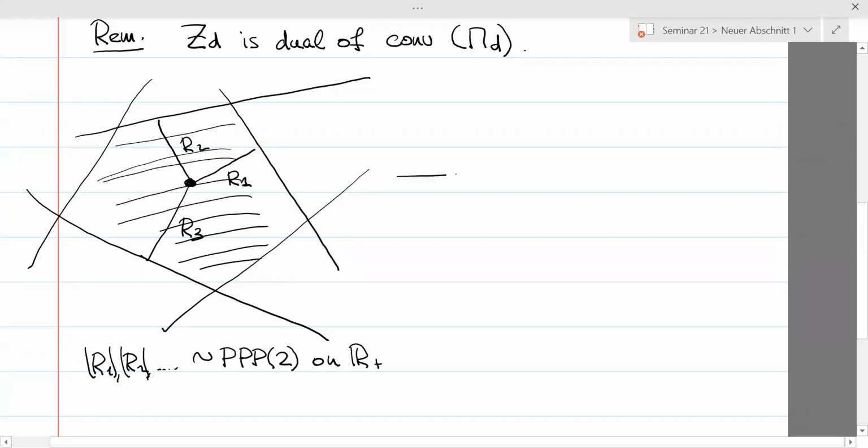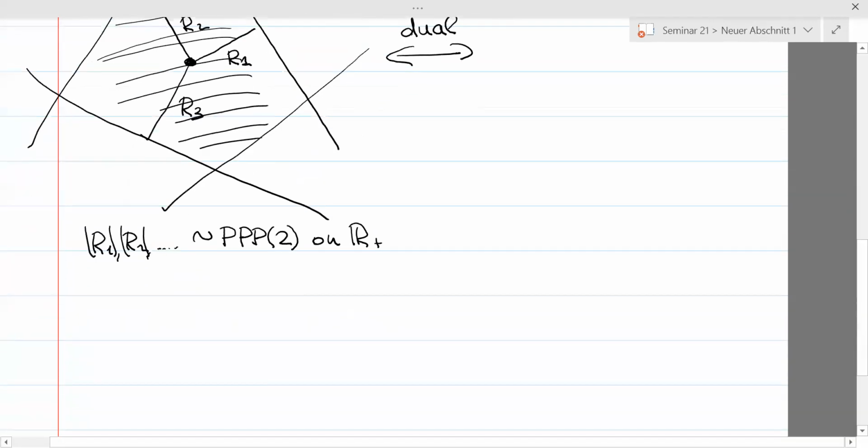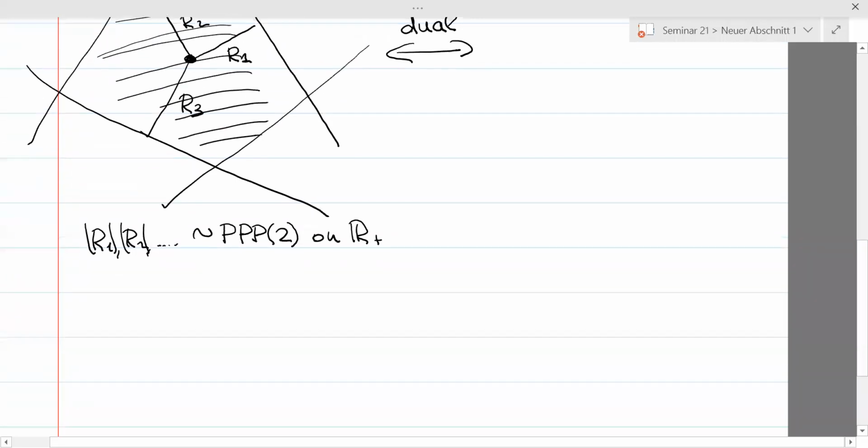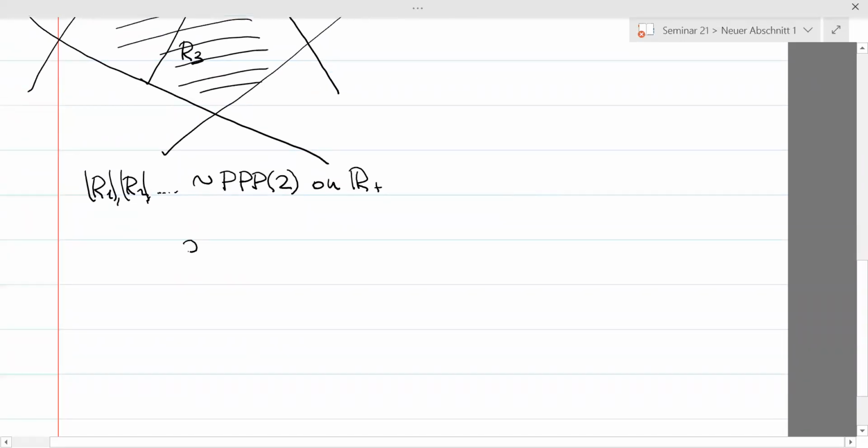And now let us look what happens if we consider the convex dual of this polytope. So first of all, what is the convex dual of a general polytope? A polytope is defined as a set of solutions to a finite set of inequalities. The inequalities usually have the form: a polytope is the set of all x such that x scalar product with u1 is smaller than 1, x u2 is smaller than 1, and so on.